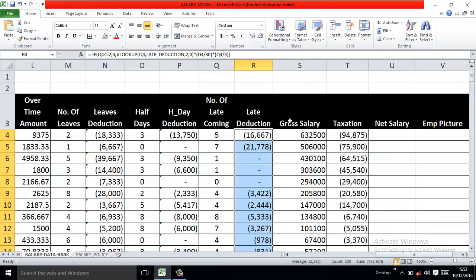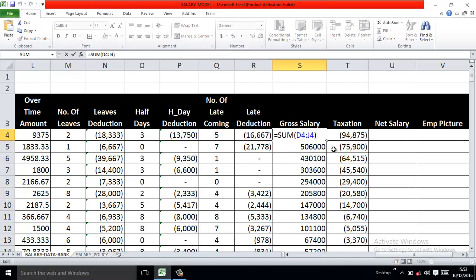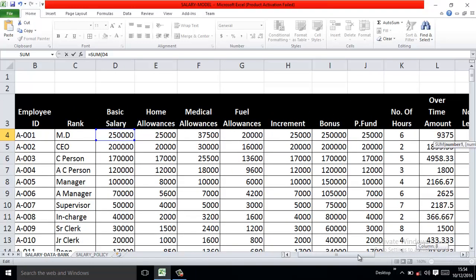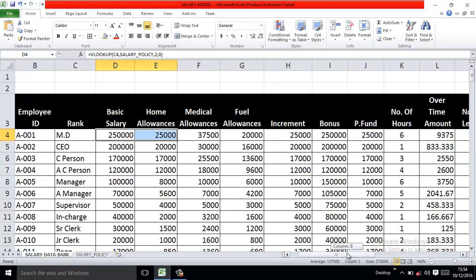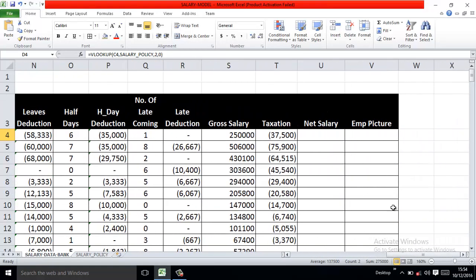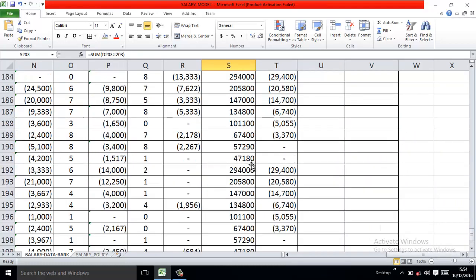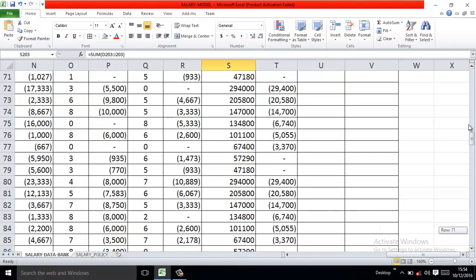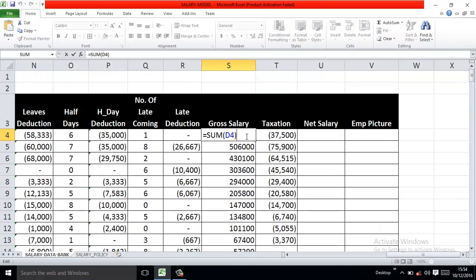Okay, that's good. Now let's go to calculate the gross salary. Here gross salary is different because now I have to change the range, and the range is from basic salary. I'm sorry, I did some mistake, I guess. Yeah, over here, gross salary, I'm sorry.